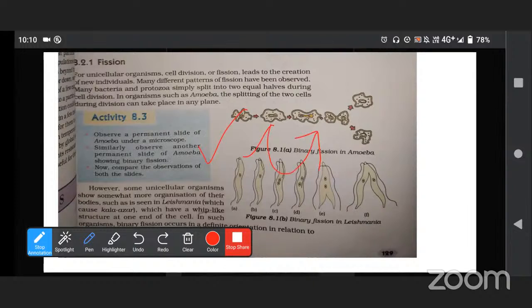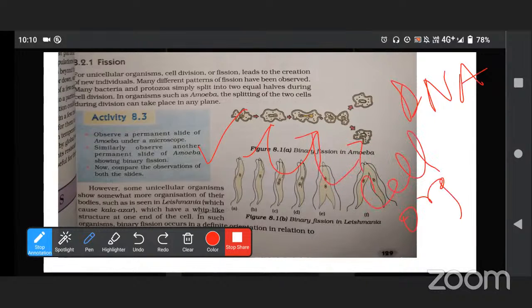In last classes we learned that DNA copying takes place, and then the cell organelles are also copied. Then the cytoplasm, the inner space of a cell, is ready to divide, and ultimately it forms two new individuals.